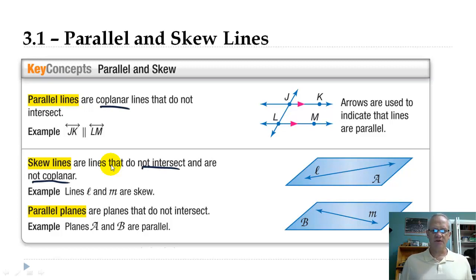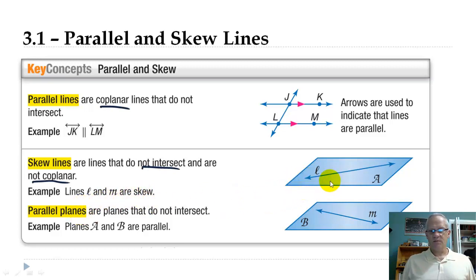So if you think of it this way, if you have two parallel lines like this, they're on that same plane. They're on this plane that goes straight up and down, but they don't cross. Skew lines, basically, if you think about it this way, turn one of these lines so it goes like this. So they're still not crossing, but now they're not on the same plane anymore because this one is on a plane going this way and this one's on a plane going that way. A little bit difficult concept there, but if you look at the little diagram here, you notice these two planes look like parallel planes.